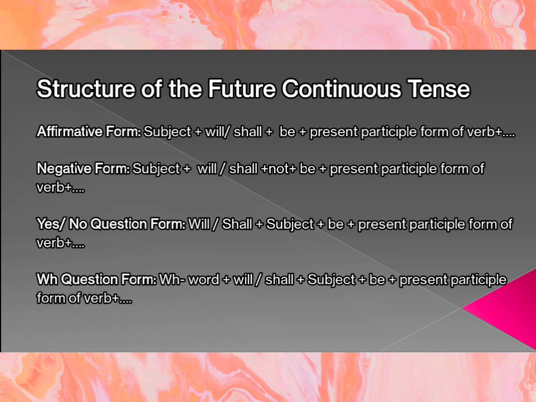Yes or no question form, will or shall plus subject plus be plus present participle form of verb. Will she be going tomorrow? WH question form, WH word plus will or shall plus subject plus be plus present participle form of verb. Who will be dancing tomorrow?